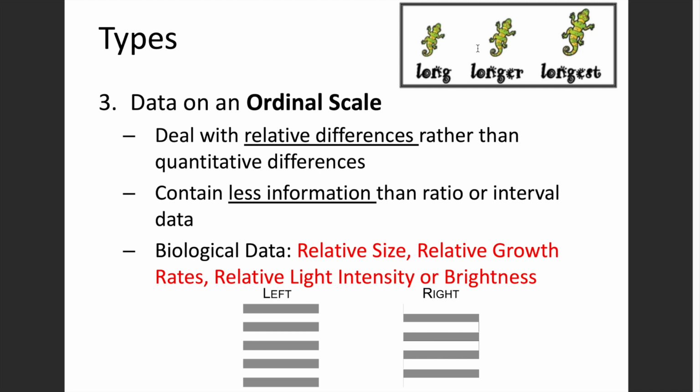So examples of ordinal scale data are relative size, relative growth rate, relative light intensity, dark, darker, darkest, something like that. So that's our ordinal scale. Okay?